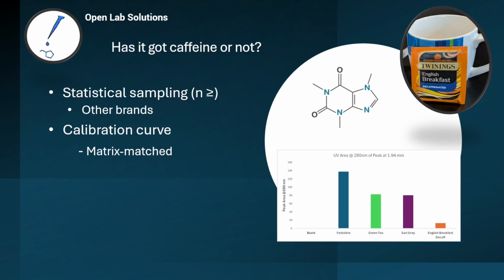We can do what they call matrix matched calibration, so we can take some tea and we can put caffeine inside, so we make sure the background is the same when we're doing comparisons, because in mass spec we can run into issues with differences in ionization, where you get an enhancement or a reduction effect by the matrix, by some of the other components in the background.